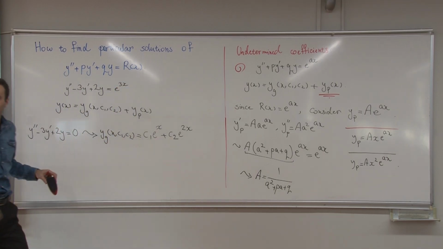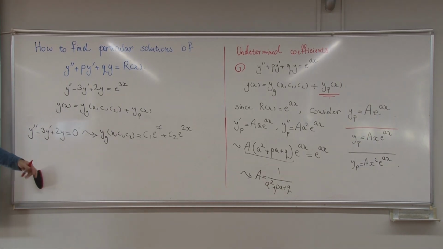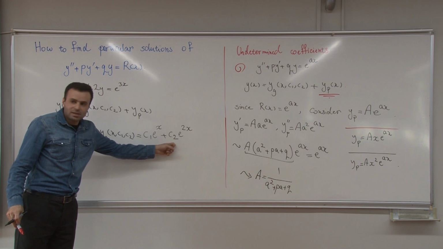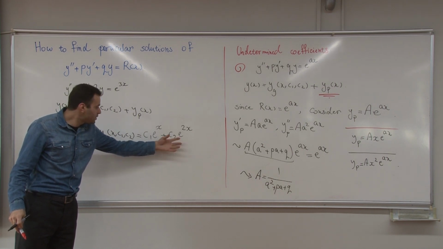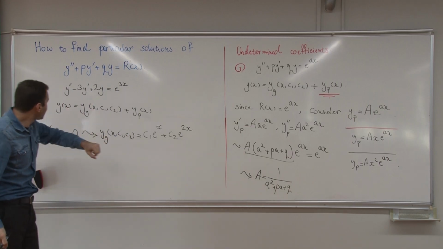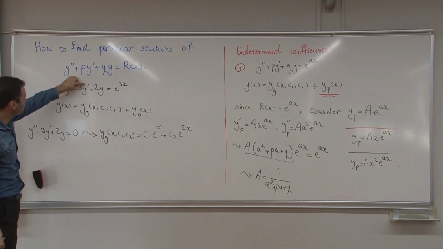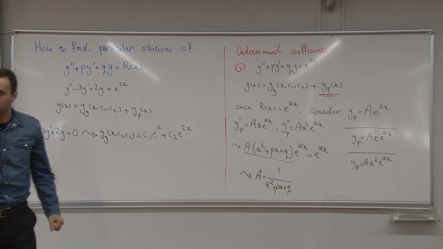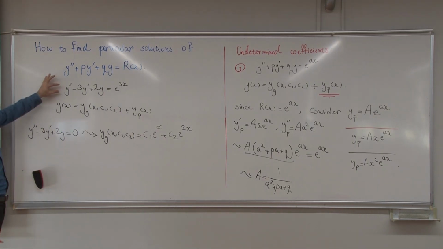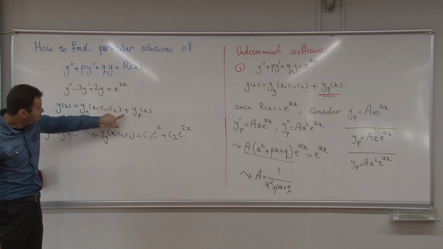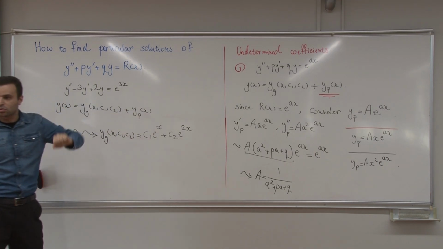No matter what is your c1 and c2, you can never have a solution extracted from this general formula such that if you plug it into this equation, this equality is satisfied. Because this is a non-homogeneous equation. To the solutions of the homogeneous equation, we need to also add this particular solution.